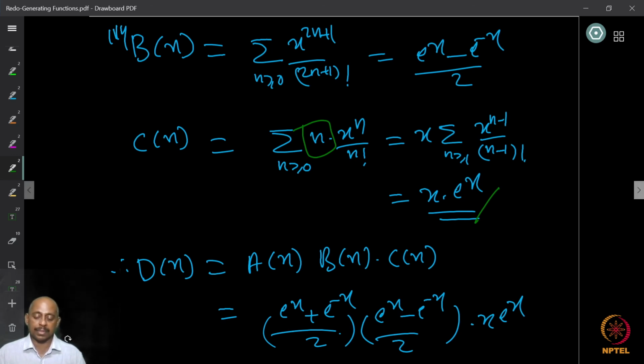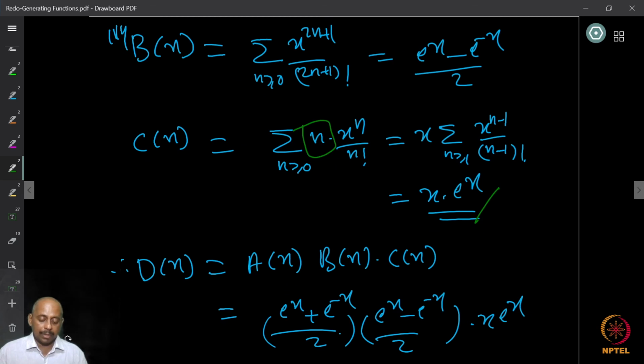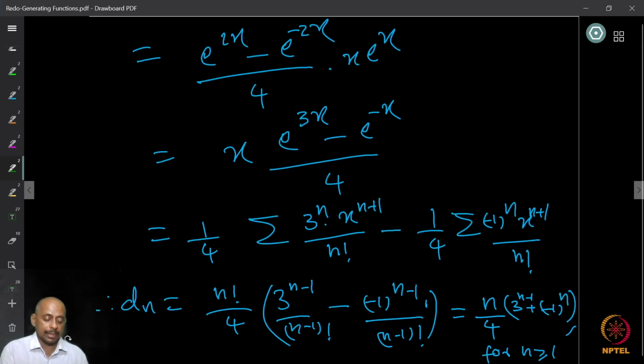So we get the generating function, and then we can look at the coefficient of x raised to n. For that we do some simplifications which are routine, so I don't want to go into much detail. This product I will write as e raised to 2x minus e raised to minus 2x by 4, and then you have x into e raised to x, and this reduces to, once you take it inside, e raised to 3x minus e raised to minus x by 4.